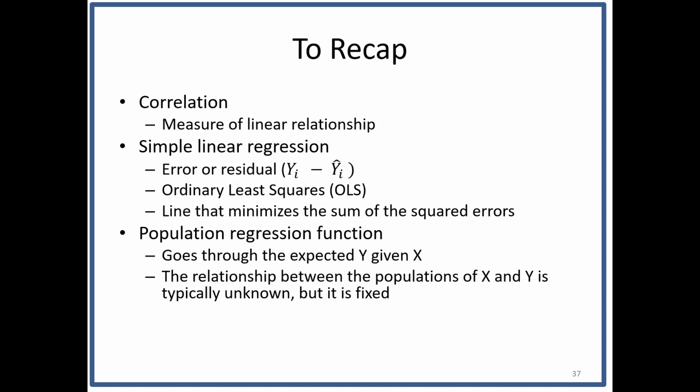We have a population regression function, and this goes through the expected y given x. The relationship between the populations of x and y is typically unknown, but it is fixed. And from our sample estimates, we can then infer back to our population. Again, we are not doing that in this video today.